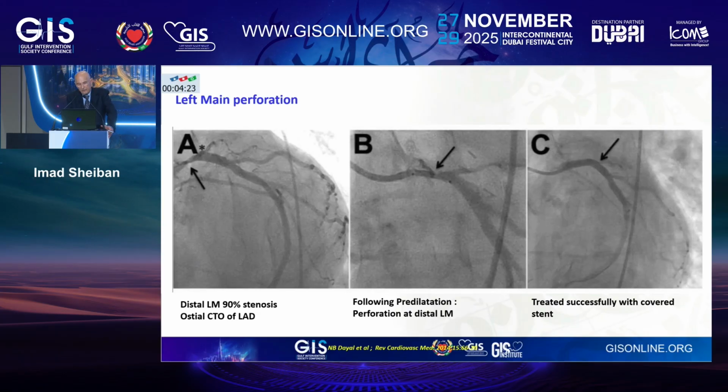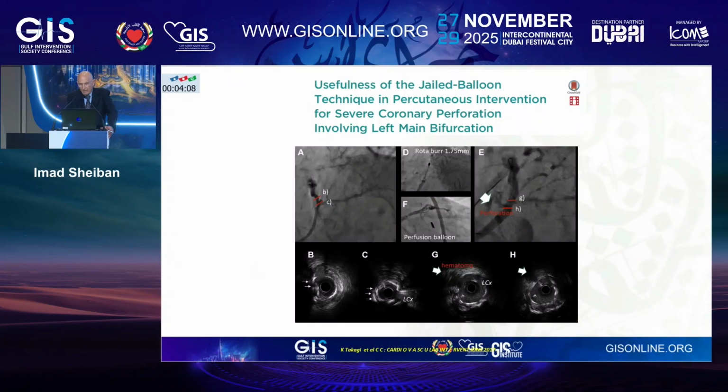If the perforation is at the shaft of the left main, it can be corrected with a covered stent. Of course, if it is distal, near the origin of the circumflex, it is much more challenging to fix.